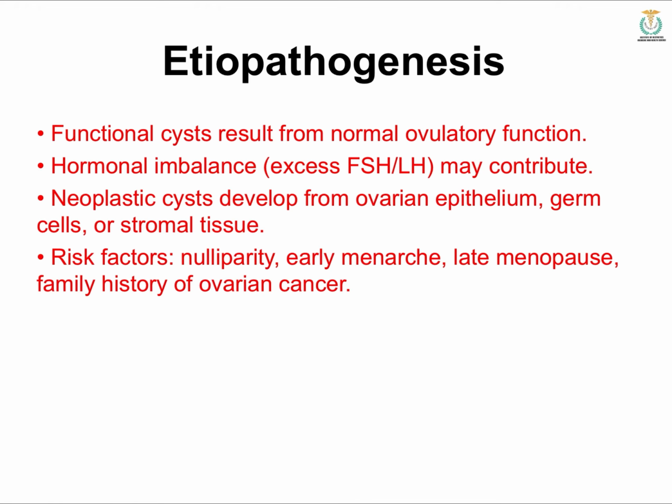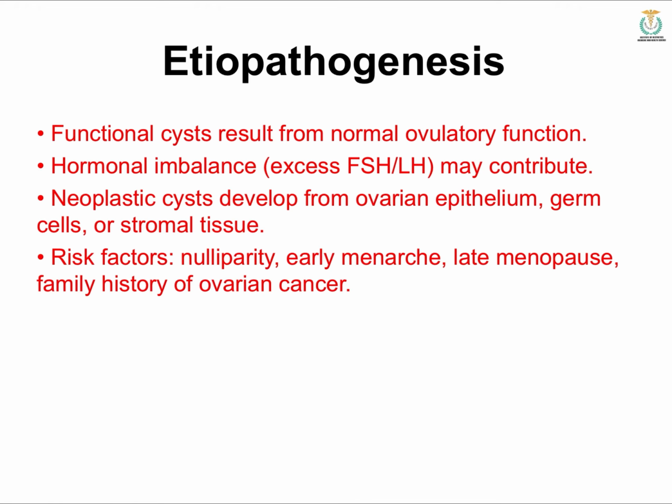When talking about the functional cysts, we have mentioned follicular, corpus luteum, and theca lutein cyst. These are the most common and mostly harmless cysts. Functional cysts have three types: follicular, corpus luteum, and theca lutein.